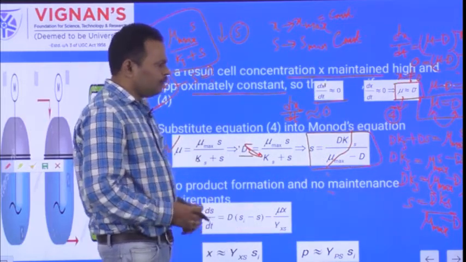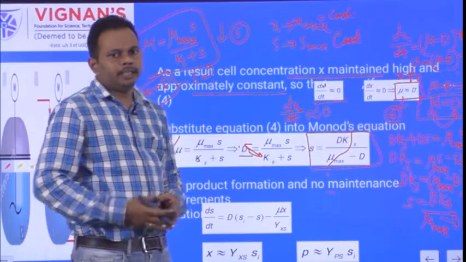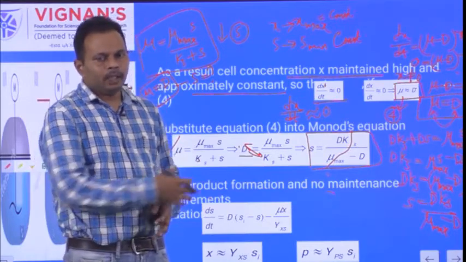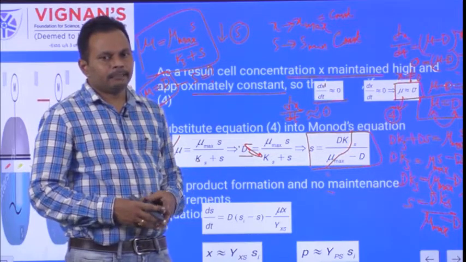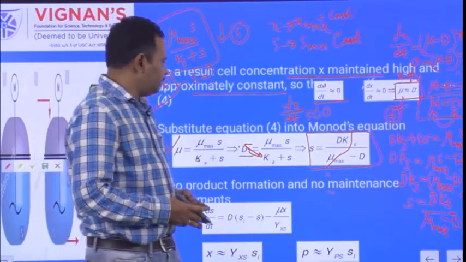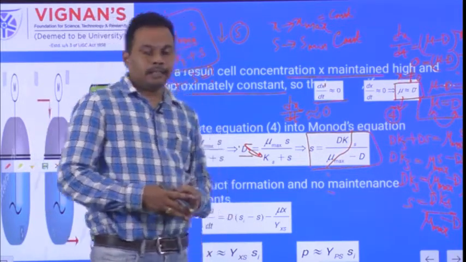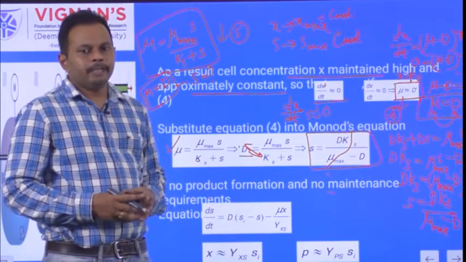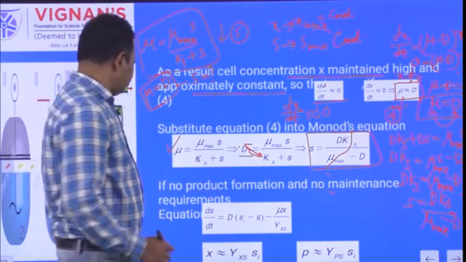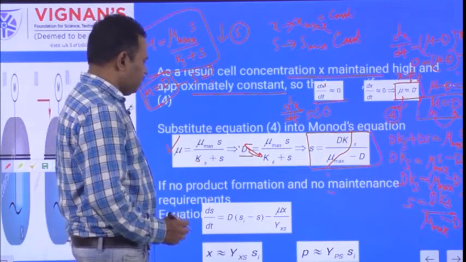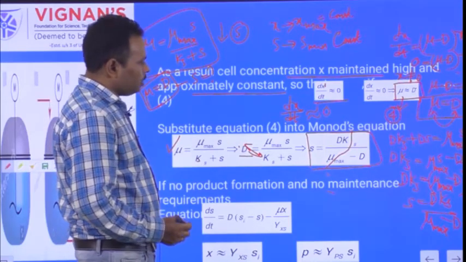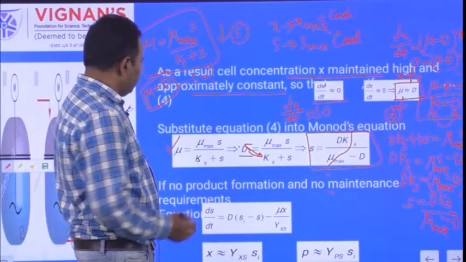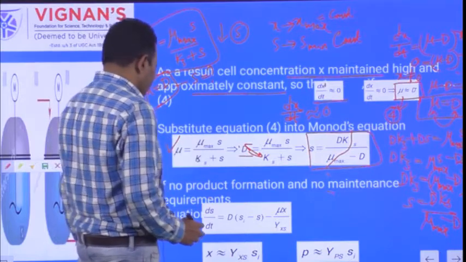Similarly, our target is to find out the X value within the fed batch fermenter. Now you get the S value. S is the substrate concentration at particular time t. How can you find out the cell concentration within the fed batch fermenter as a function of t? Further, if no product formation is there and also no maintenance requirement, then this dS by dt equation becomes what?